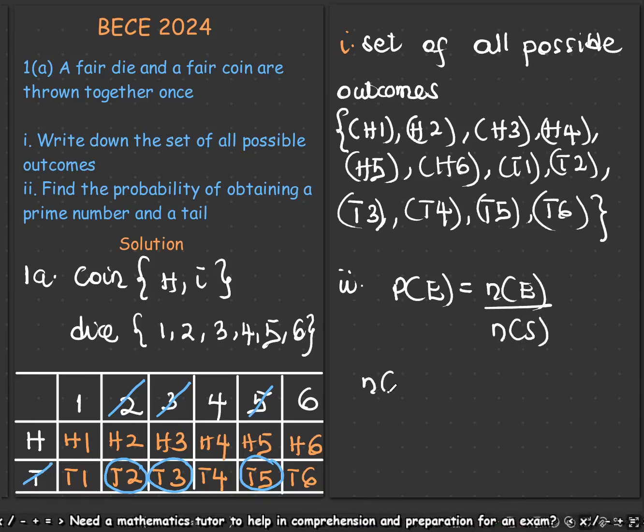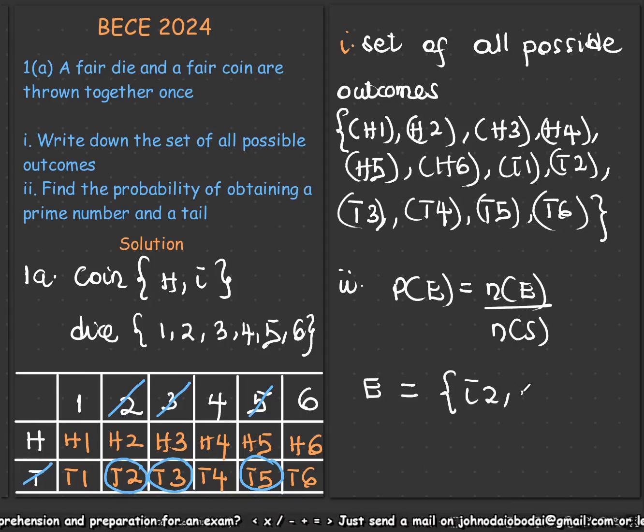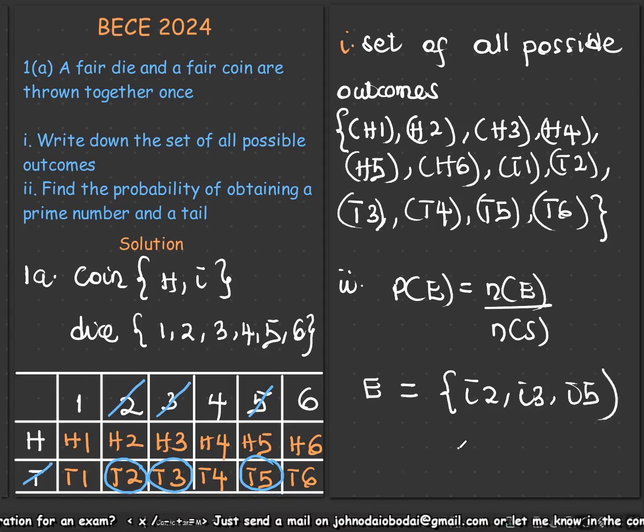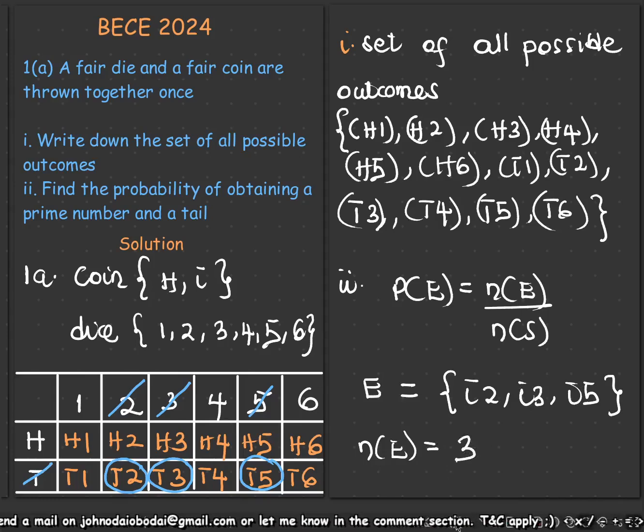So talking of the event in question, it is T2, T3, and then T5. That means the number of the event is equal to 1, 2, 3. So that is 3 over here.